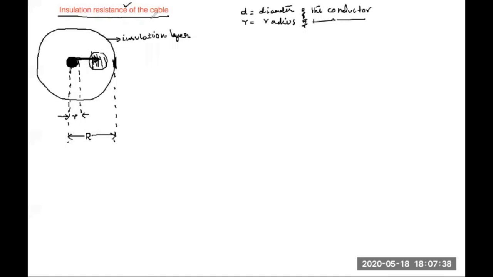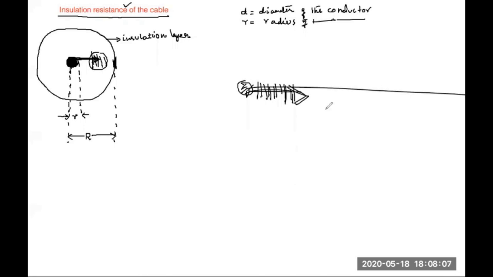Did you understand what I'm doing in this derivation? I just wanted to find the insulation resistance of the cable. Why is it so important? Yes, it is very important, because see here, there is a conductor and so many layers of insulator. What is the purpose of having these insulating layers above the conductor? Because the current should not go out.